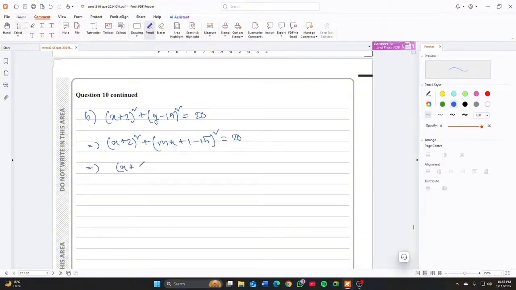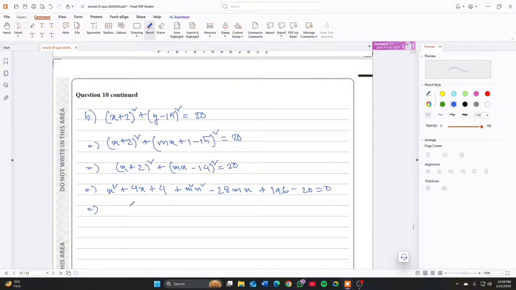So (x plus 2) whole squared plus (mx minus 14) whole squared equals 20, or x squared plus 4x plus 4 plus m squared x squared minus 28mx plus 196. 14 squared is 196, and this 20 if brought here, it's minus 20 equal to 0.